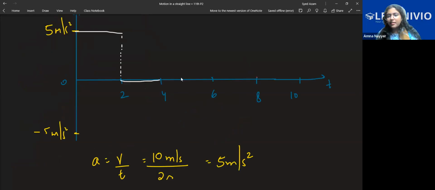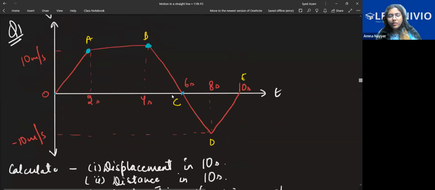Just trace it. Then 4 to 6, what is happening between 4 to 6? Velocity is decreasing. What do we call this acceleration as? Deceleration. Very good. Deceleration or retardation, both the terms are correct. Velocity is decreasing and coming back to 0.